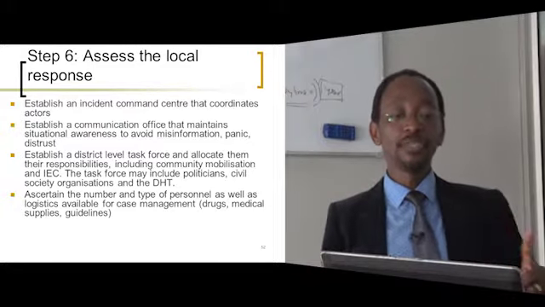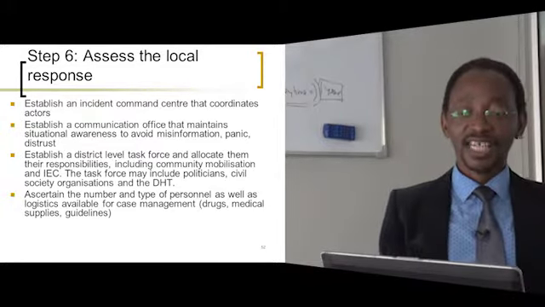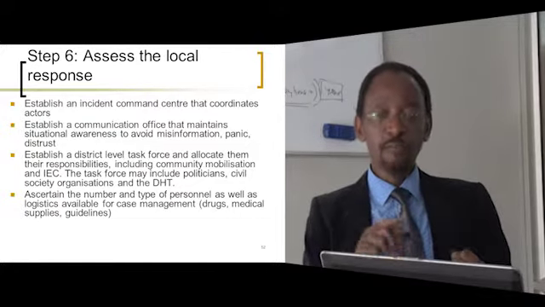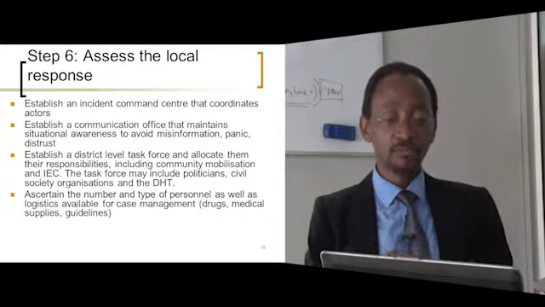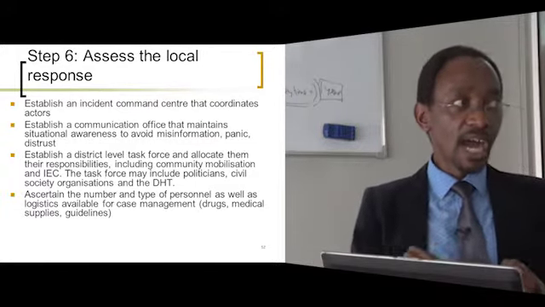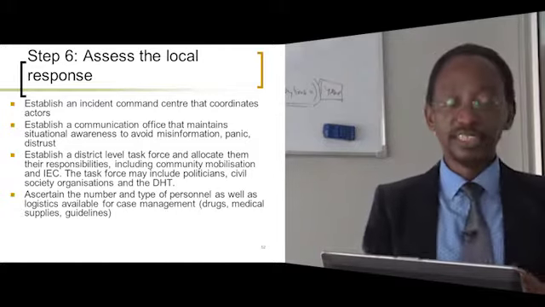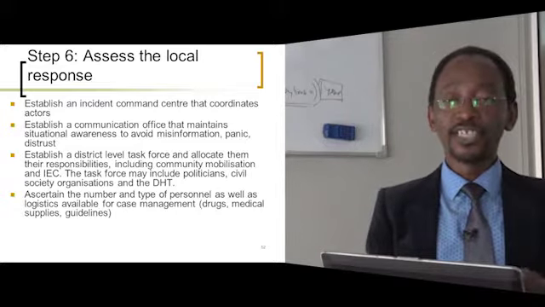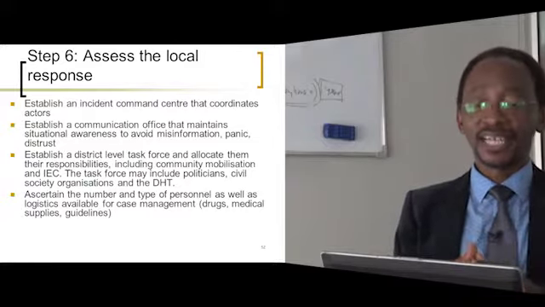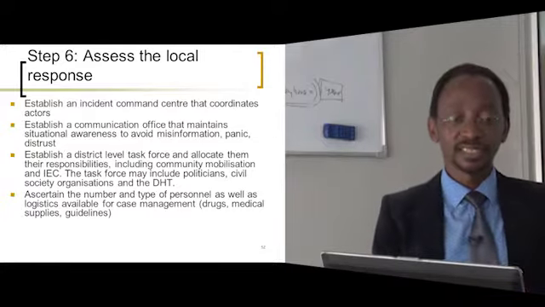They meet regularly to share information. We have to establish a communication office that maintains situational awareness to avoid, first of all, misinformation. There can be a lot of misinformation in outbreak situations. The information system also helps us to avoid panic. If you don't communicate, you can create panic, but also you can create distrust.